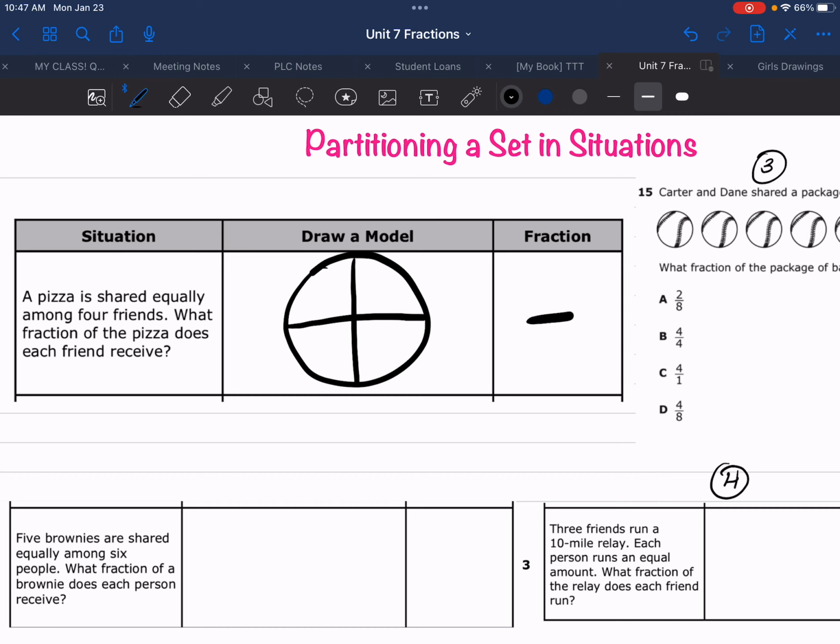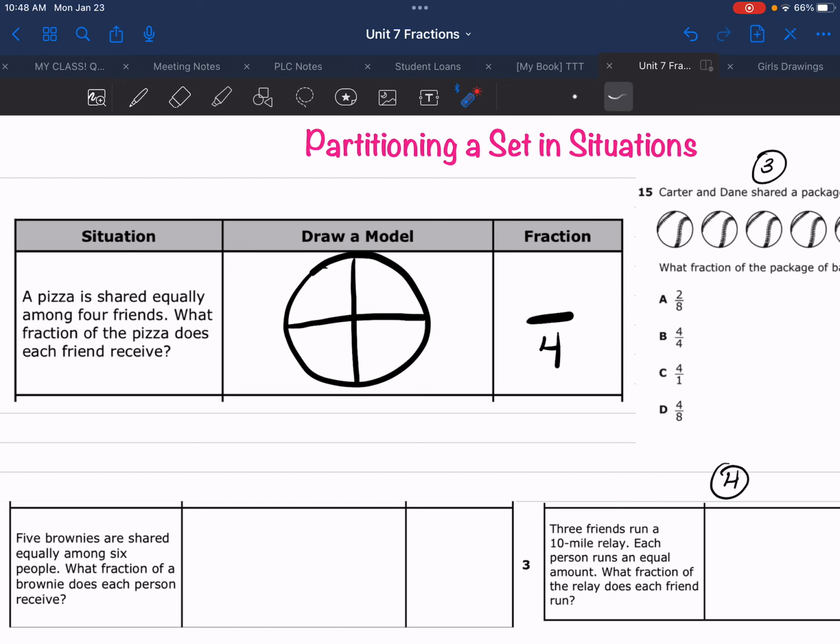Well, for a fraction, we need to write our fraction bar. And we know there are 4 total pieces of pizza. 1, 2, 3, 4 total pieces, right? So we're going to put 4 in the denominator. But they asked, what fraction does each friend receive? So we need to know how much one person will get.